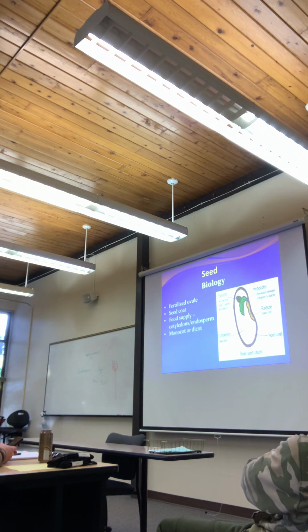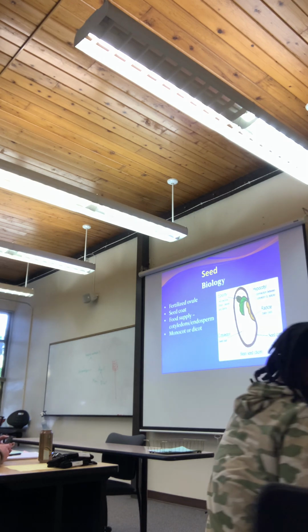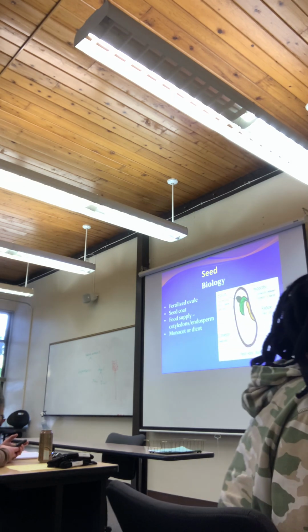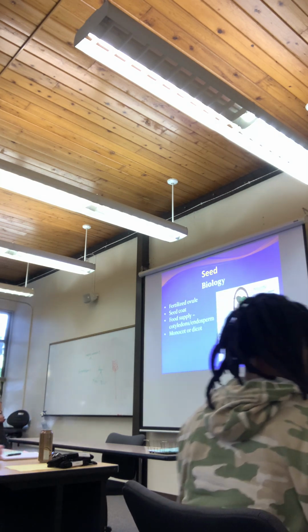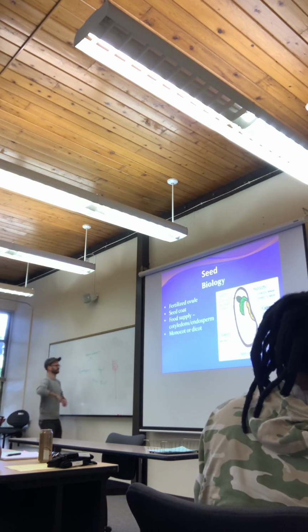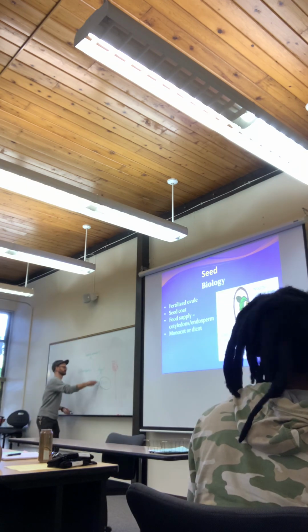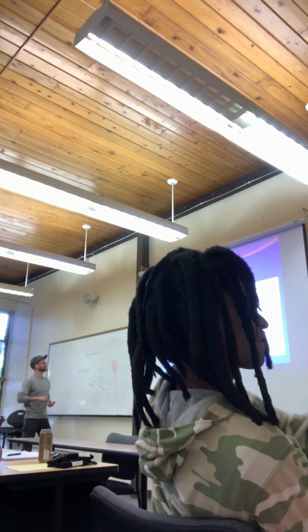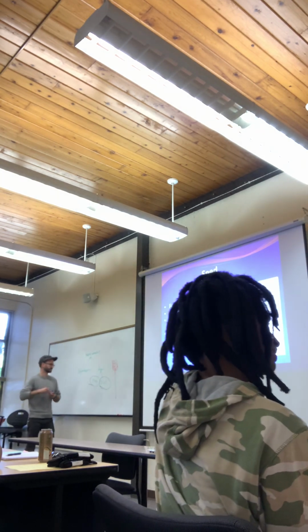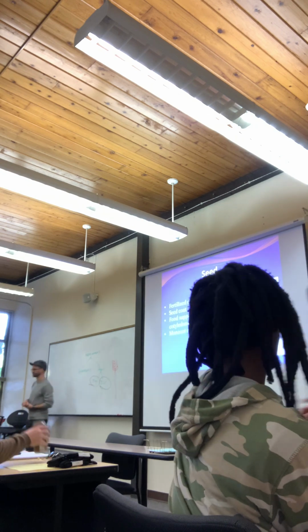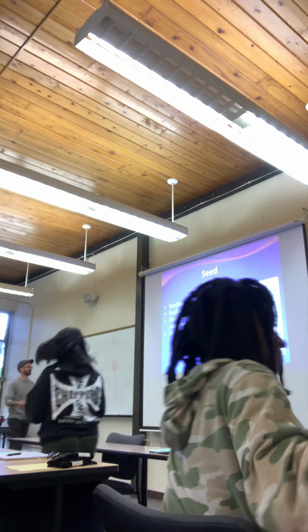Let's get through seeds. Get your seeds if you haven't already. You'll notice one is a bean, to the point we're just discussing, one is a bean, dicot, and one is a corn kernel, monocot. We're going to see something different about them as we discuss this, so there's a reason to have both and compare.